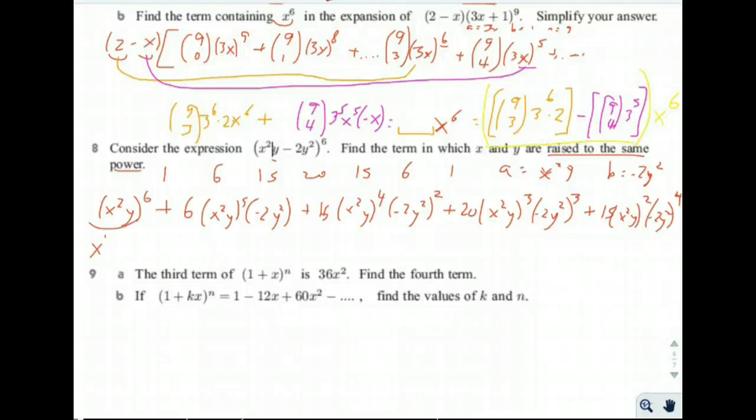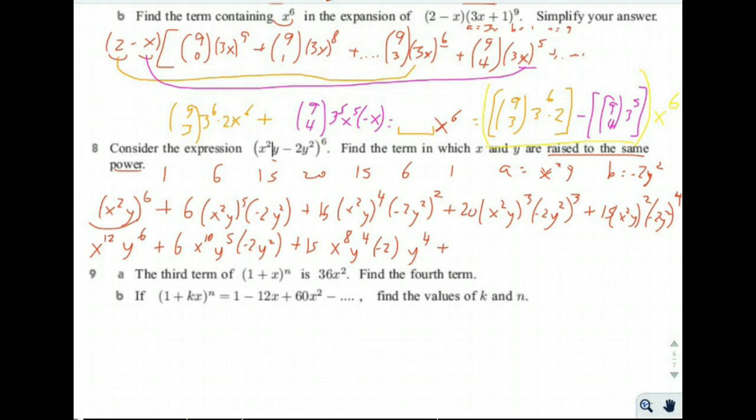So this would be x to the 12th, y to the 6th. Those are not the same. This would be x to the 10th, y to the 5th, times negative 2y squared. So no, that would be y to the 7th, so that's not quite it either. This would be x to the 8th, y to the 4th, negative 2y to the 4th.